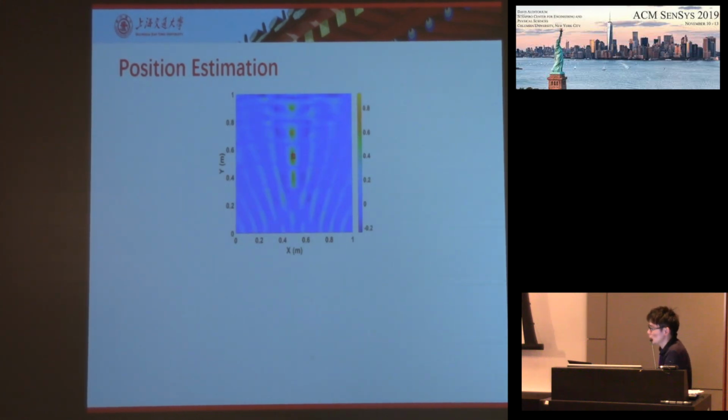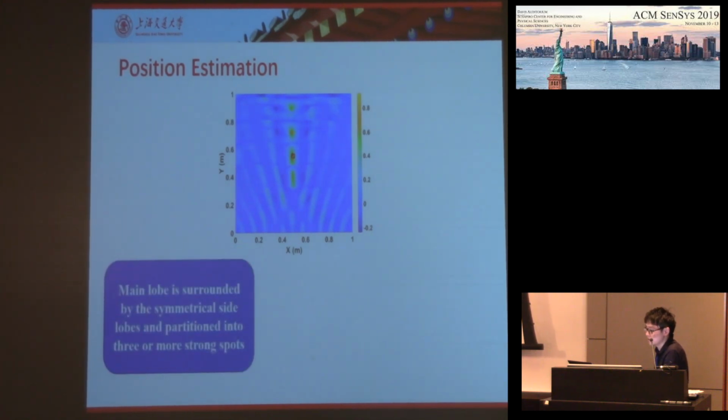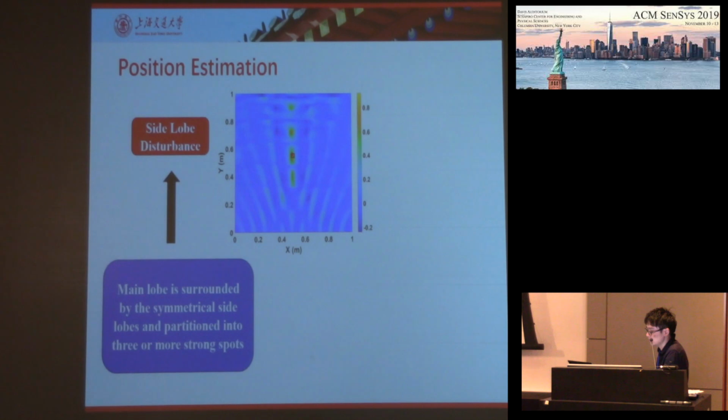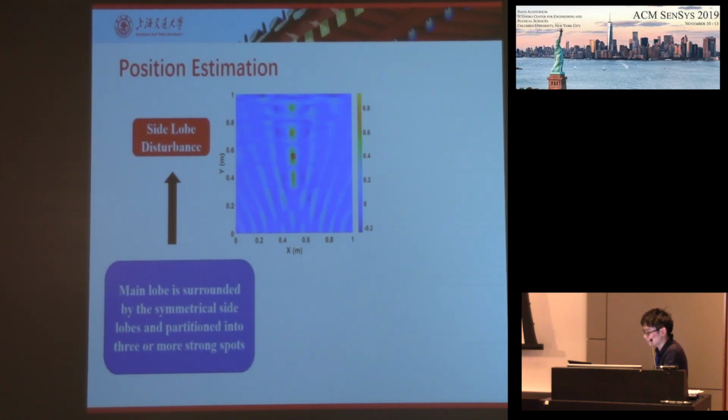Fortunately, we also observe some interesting patterns at the same time. The first, the main lobe is surrounded by symmetric side lobes and partitioned into 3 or more strong spots. So if we can utilize these patterns, we will recognize the main lobe correctly, so we can solve the problem of side lobe disturbance.